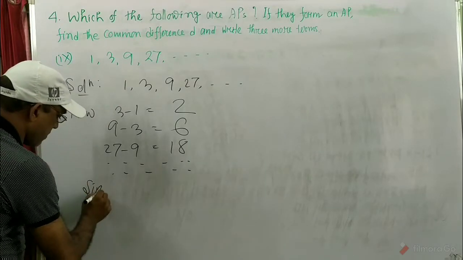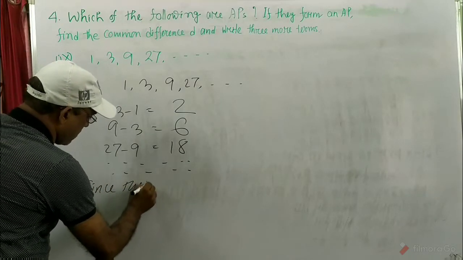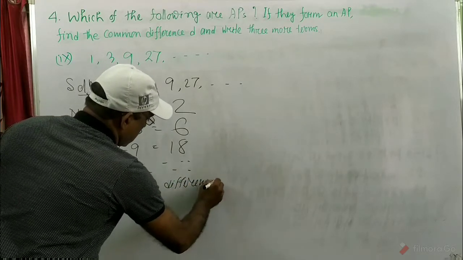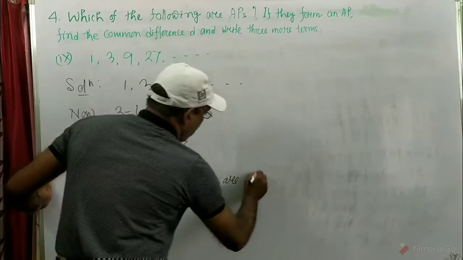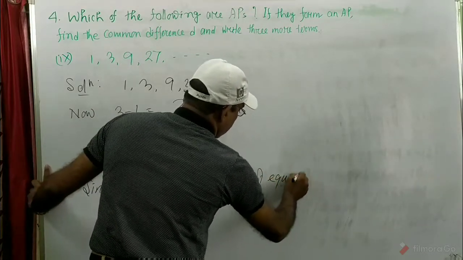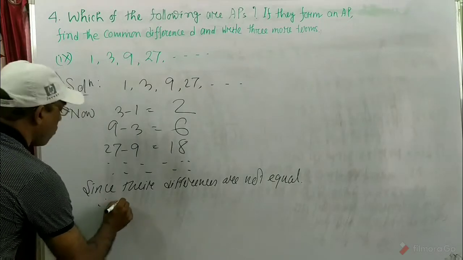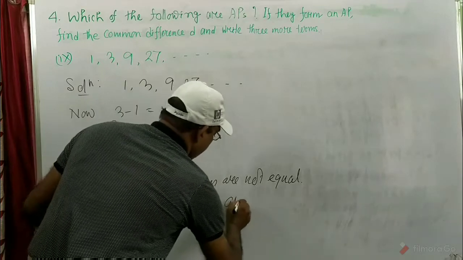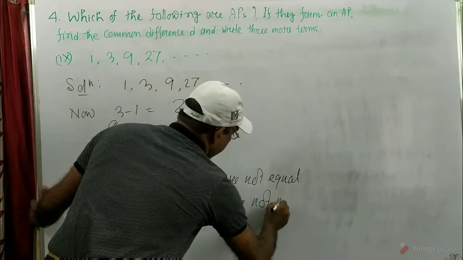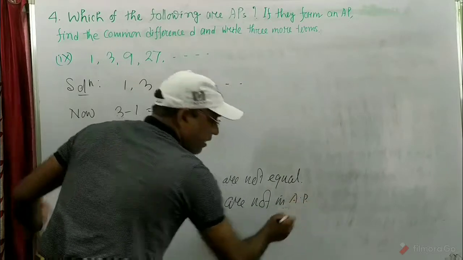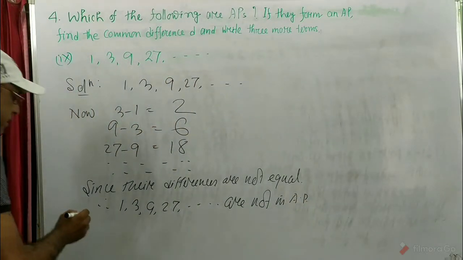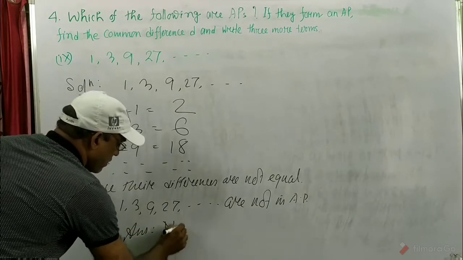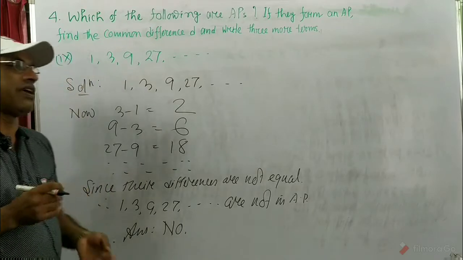Since their differences are not equal, therefore 1, 3, 9, 27 are not in AP. Therefore, answer no. They are not in AP.